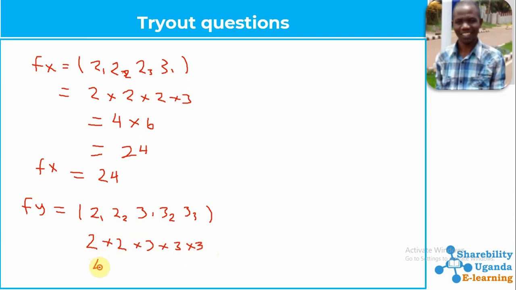So this is going to be our 4 times 9, that is 3 times 3, then times 3. So our factors of y should be able to give us an answer, which is what? 3 times 4, we get 36.